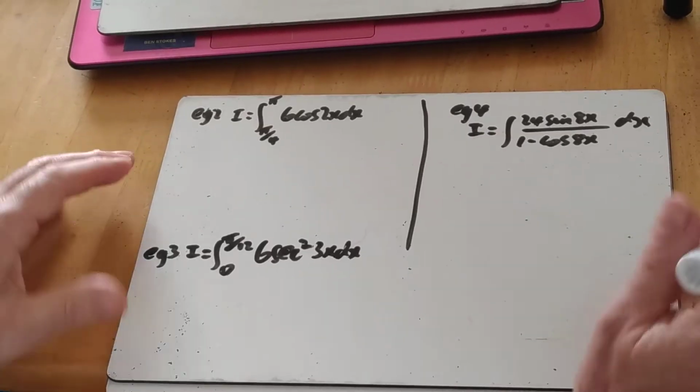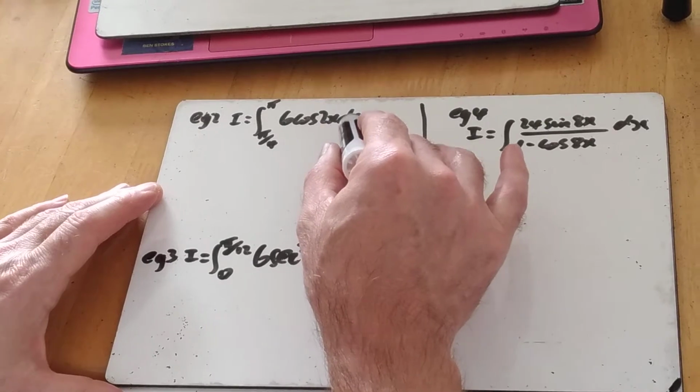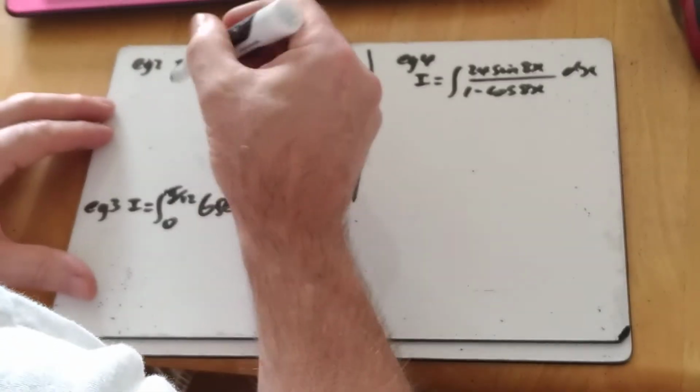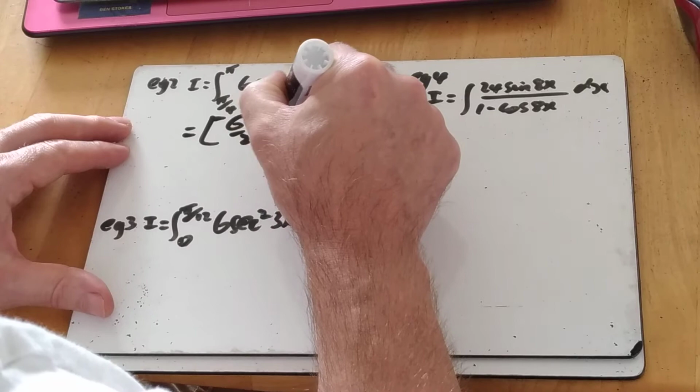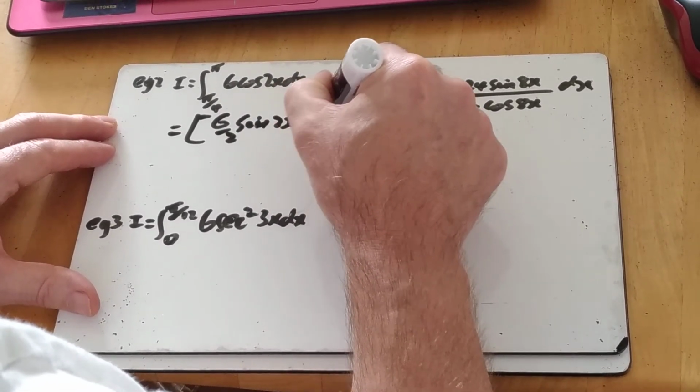We've got a definite integral. I equals the integral between pi and pi over 4 of 6 cos 2x dx. The integral of cos involves sine, so I would write this as 6 over 2, because of 2x, sine 2x between pi and pi over 4.